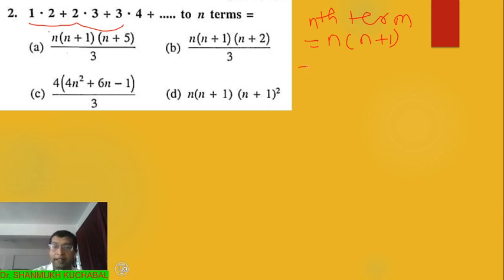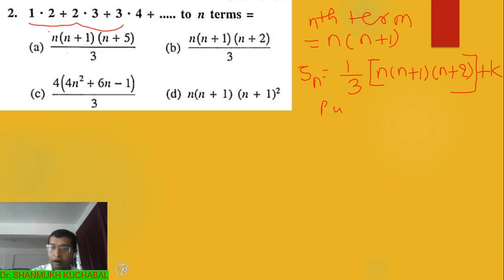Now we will define Sn. Sn is equal to 1 by 3, since the next number is 3. Here there are 2 factors, so we will take 3 factors, n into n plus 1 into n plus 2, and multiply by a constant k. Then we put n equal to 1 to calculate k.